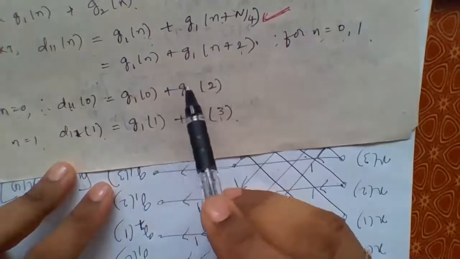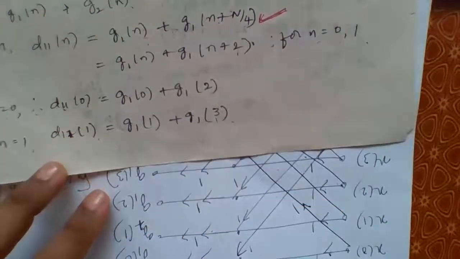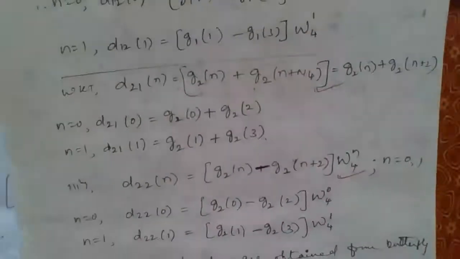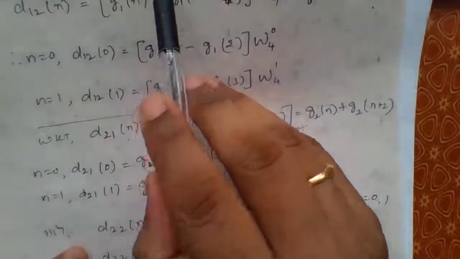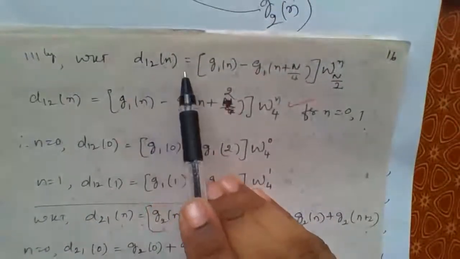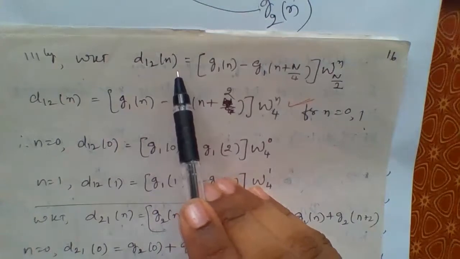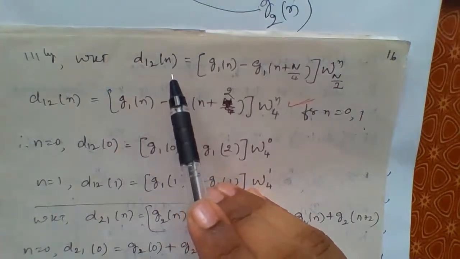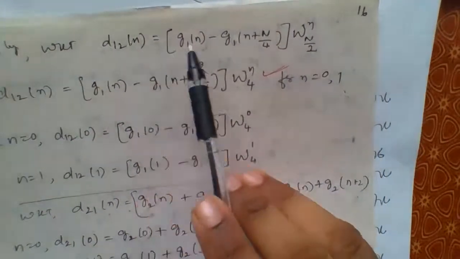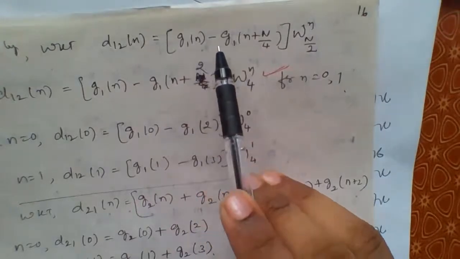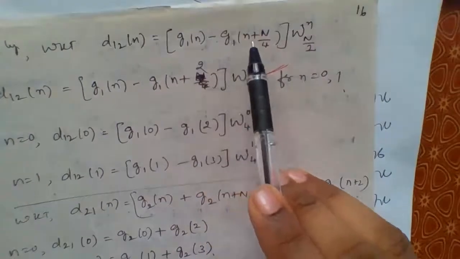Subtraction part is also there. When it is a subtraction, what we are generating is D12, and these equations are taken directly from the previous derivation. So D12 equals G1 of n minus G1 of n plus n by 4.